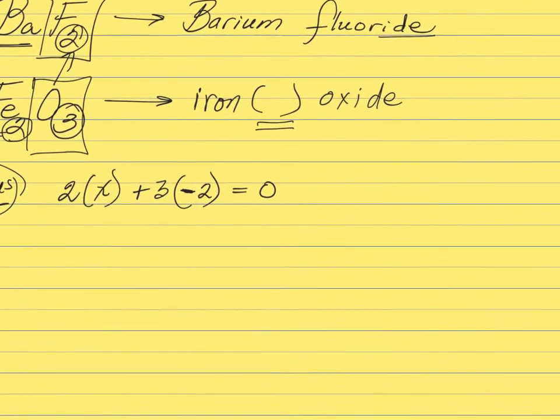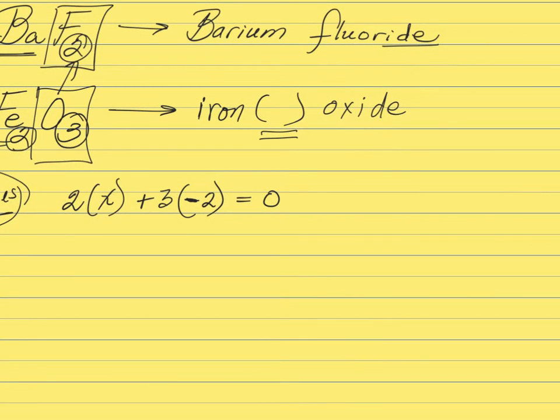If you're taking this class, that means that you already took algebra 1. If you're taking algebra 2 and you don't know how to solve a multi-step equation, you're in trouble, because you're not going to be able to get a decent score next year on the SAT. So I'm going to solve my equation because I'm looking for the oxidation number of iron. First, I'm going to get rid of the 6 by performing the opposite operation.